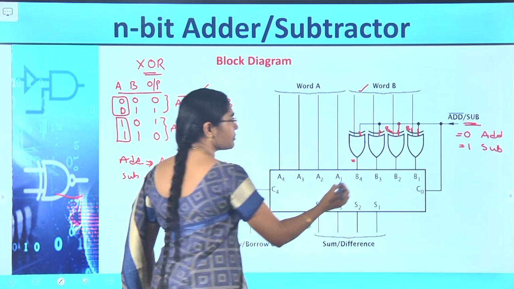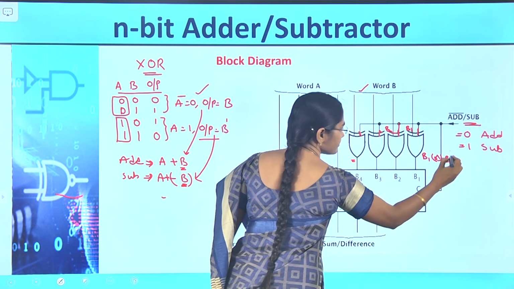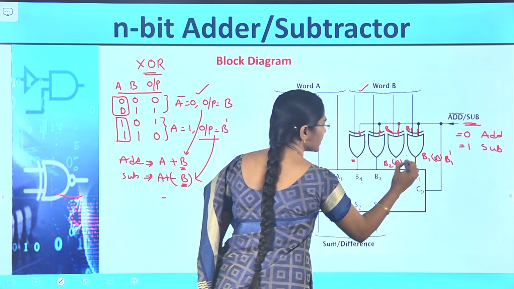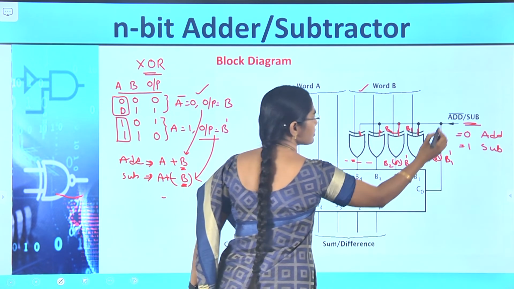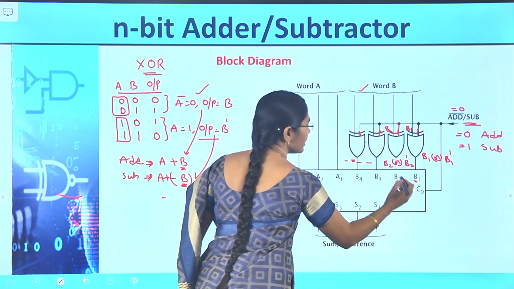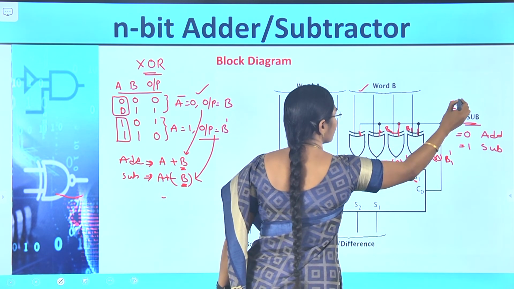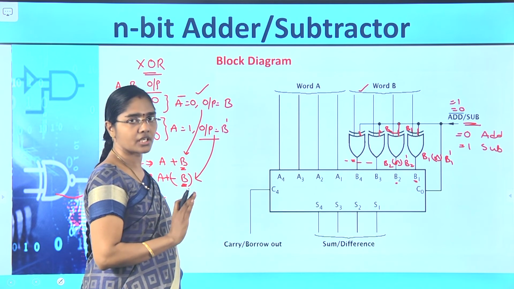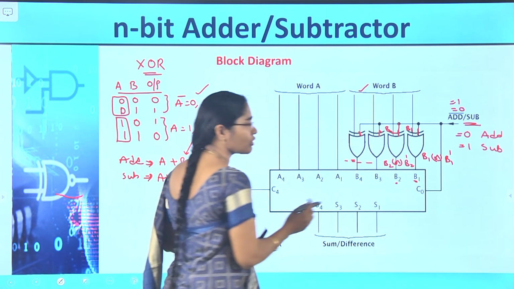The outputs may be either B1 or B1 bar, B2 or B2 bar, and so on. When will B1 be produced? When the add bar subtract control signal is equal to 0, B1 and B2 are applied directly. If it is equal to 1, then B1 bar, B2 bar, B3 bar and B4 bar are applied. That gives the 1's complement or the normal number.